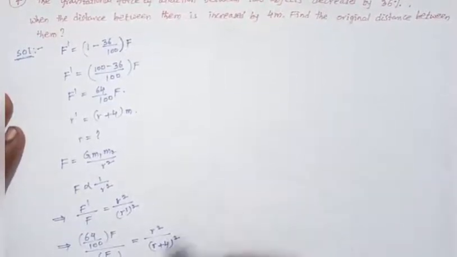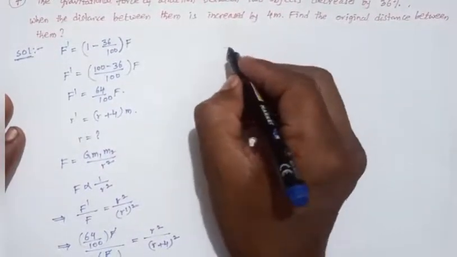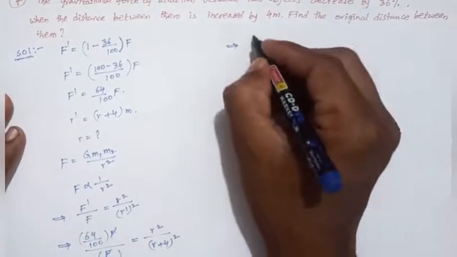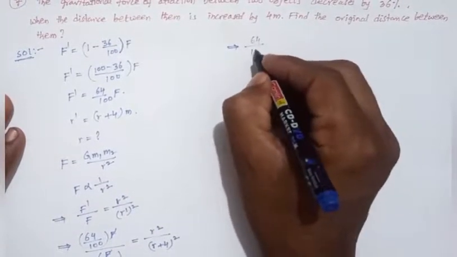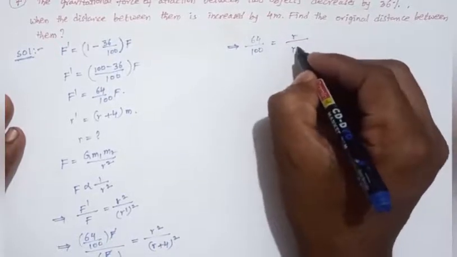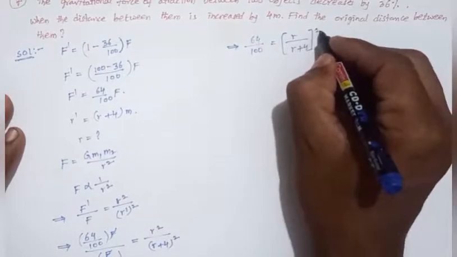Okay, so here F and F get cancelled. From this equation you can write 64 by 100 equals r by (r plus 4) whole square.